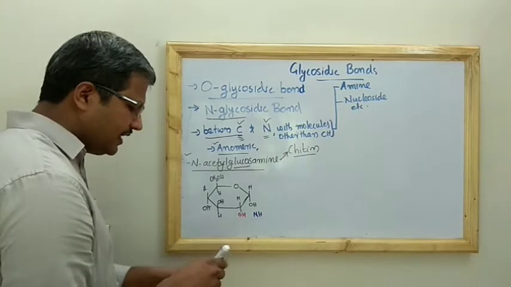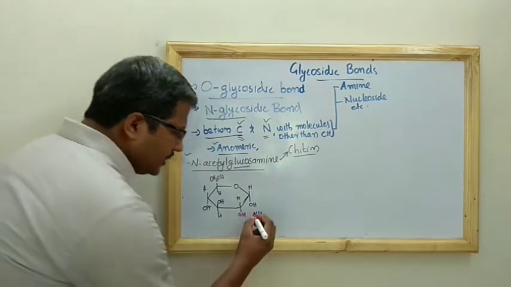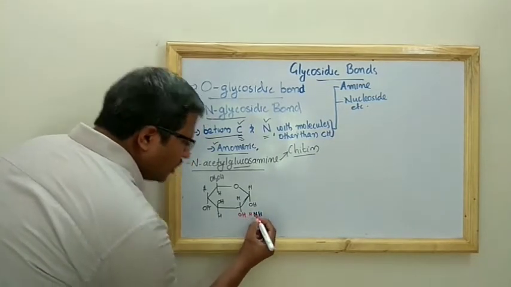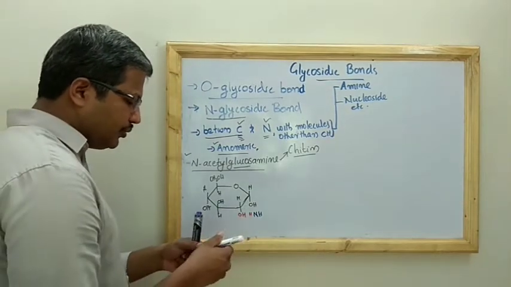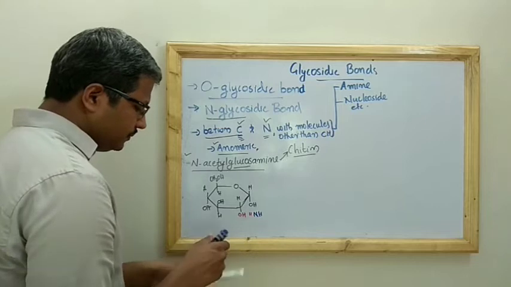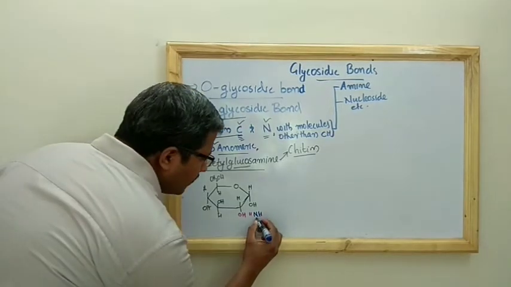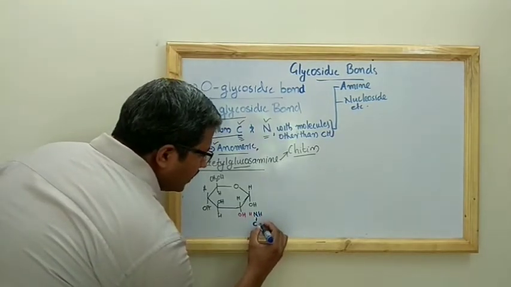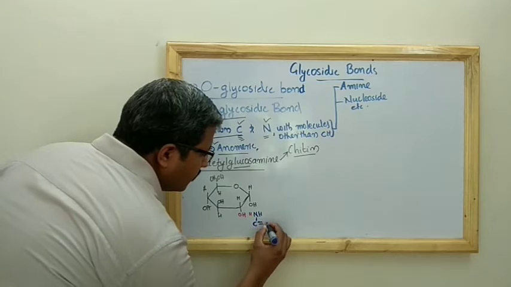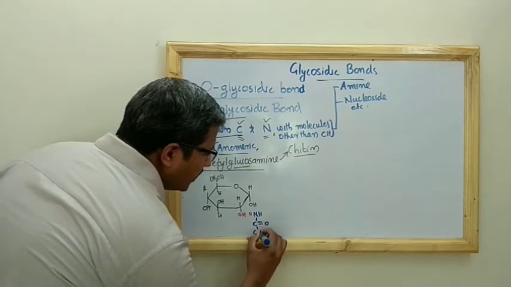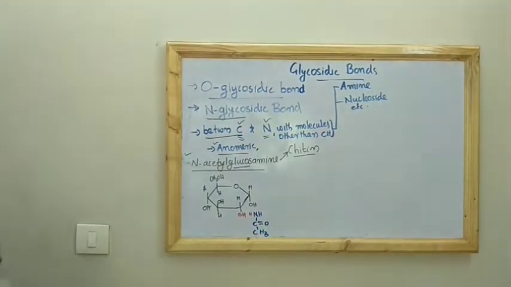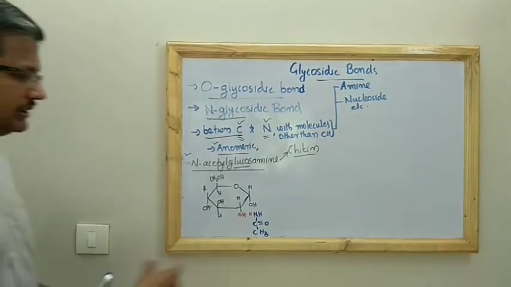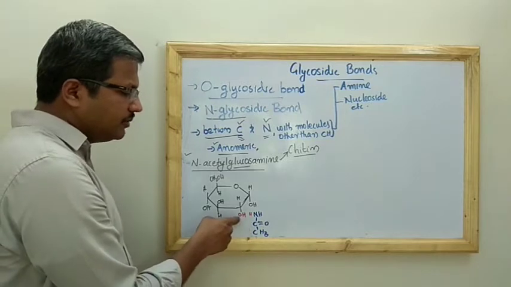The second H I am just drawing with the red so that you will understand how water molecule will be released. And then NH2, C double bond O, CH3. Okay, so this is water. So this is acetylamine and this one is glucose.